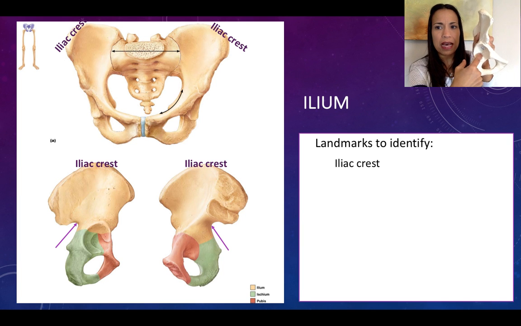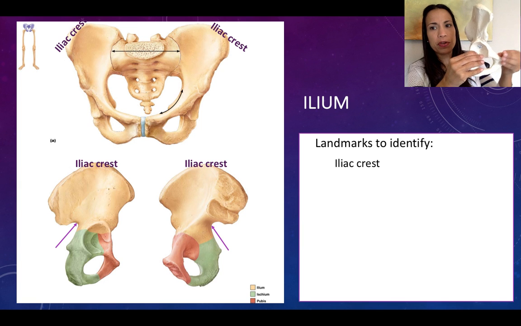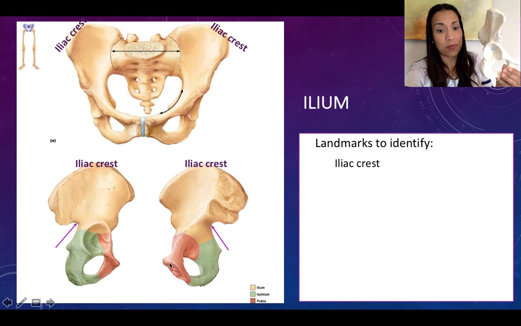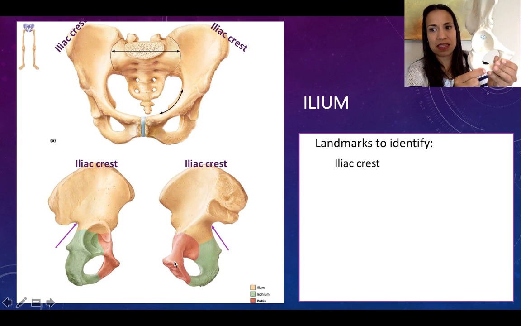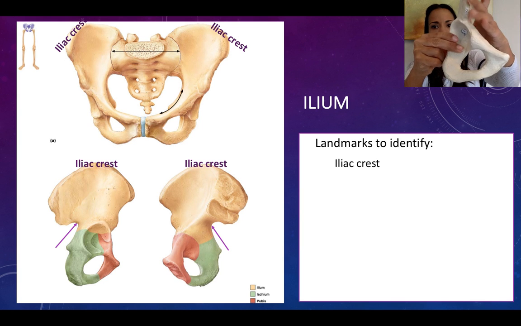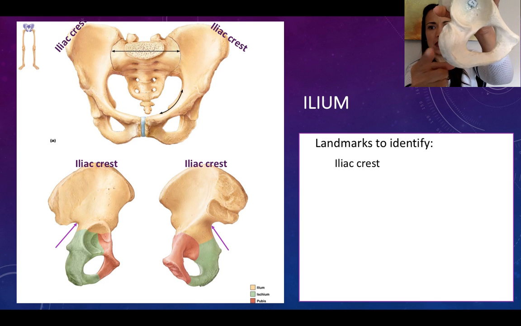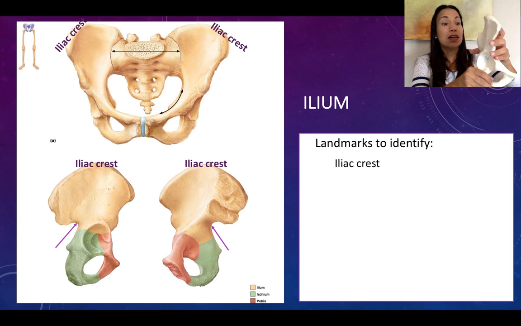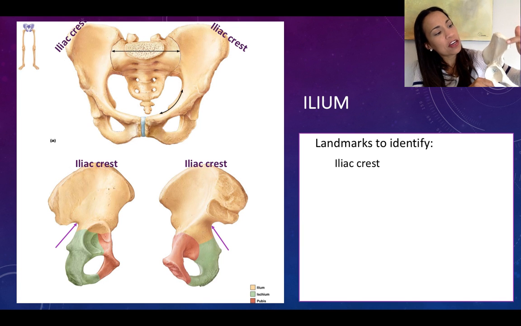Lateral, where you see the acetabulum, the other part is medial. Anterior is the thinner part of the bone in your image, and the thickest aspect is the ischium.